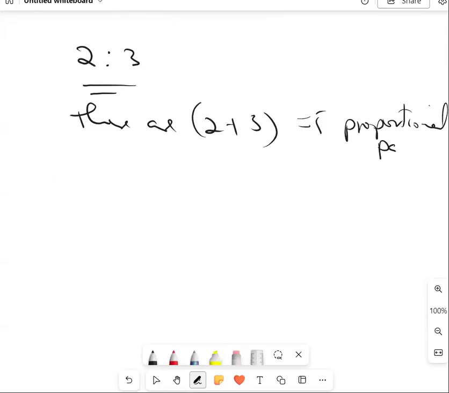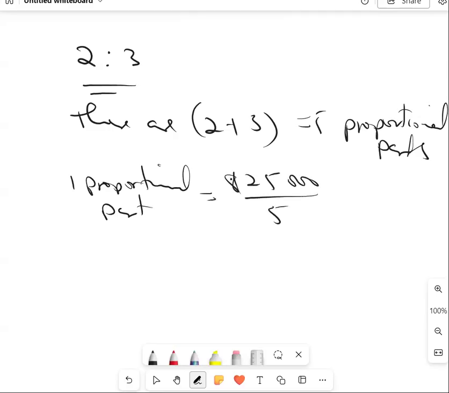In other words, this money has to be shared into 5 parts. So one proportional part is going to be equal to $25,000 divided by 5, which is going to give us $5,000.